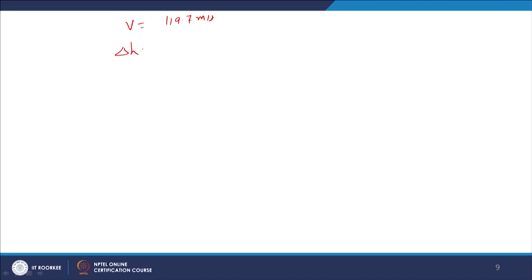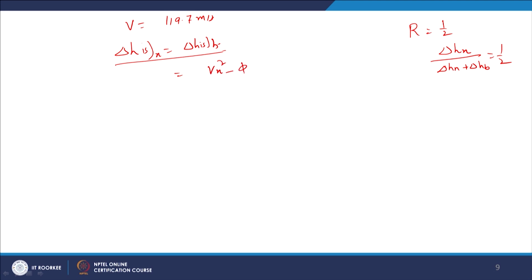Delta H isentropic in the nozzle is equal to delta H isentropic in the blades, because the degree of reaction is half in a Parsons turbine. So delta H in nozzle divided by delta H in nozzle plus delta H in blade is equal to half. From here we get this expression, equal to Vn square minus phi Vn square by 2 times the efficiency of nozzle.